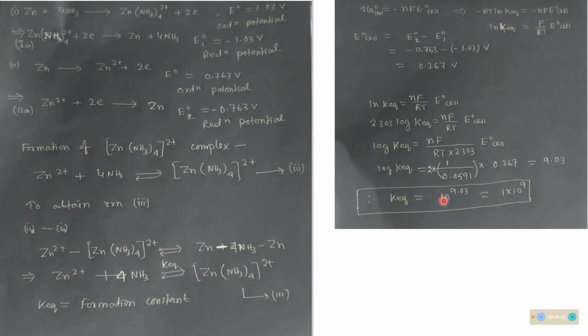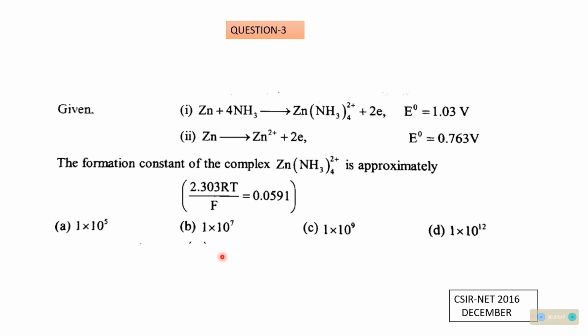So K equilibrium equals 10 to the power 9.03. So the correct option is C in this case. So 1 into 10^9.